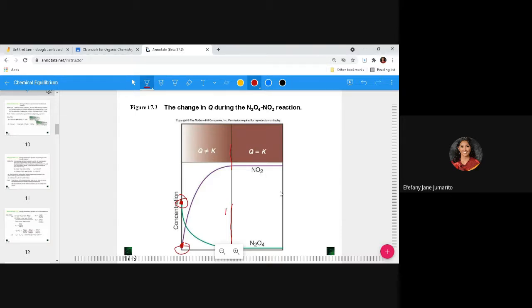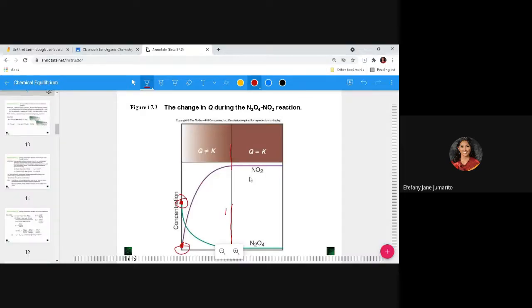It will still proceed to equilibrium, and when we say equilibrium, class, it does not mean that the concentration of your reactant is really equal to the concentration of our product. It does not matter. It can favor the product or it can favor our reactant, because at equilibrium sometimes we have a higher concentration of our product, and sometimes we have a higher concentration of our reactant and a lower concentration of our product.